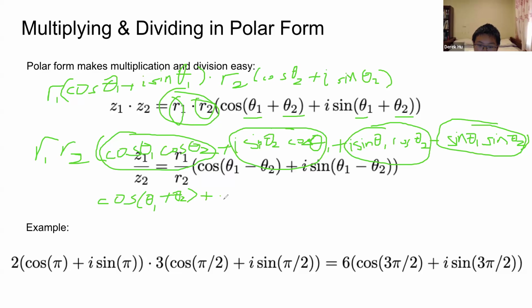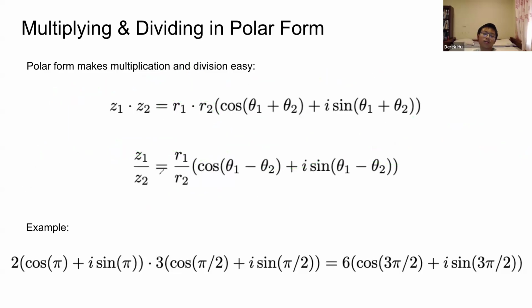So this part is equal to i sine of theta 1 plus theta 2. And we can see this is the exact same as our formula here. And for division, it's very similar. You just replace z2 with 1 over z2, and then the same thing applies.